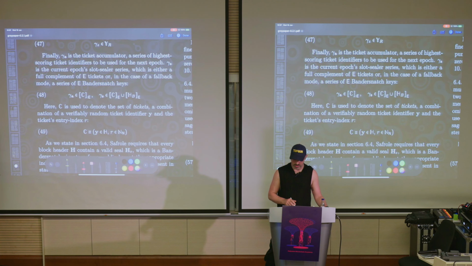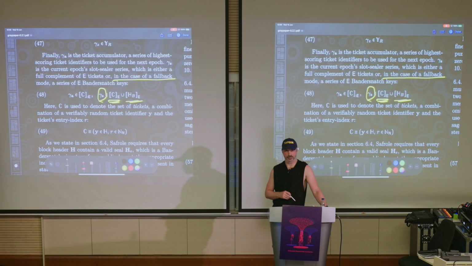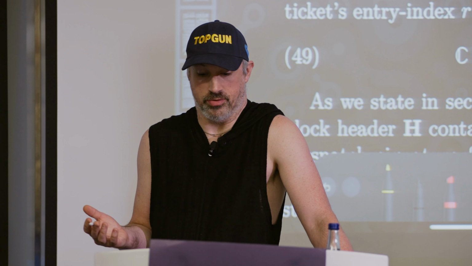In case the lottery doesn't complete correctly, we may put in gamma S, instead of tickets, just some Bandersnatch keys, public keys of validators. If we can't complete the lottery, then we don't know what the tickets should be, right? We just don't have 600 tickets.